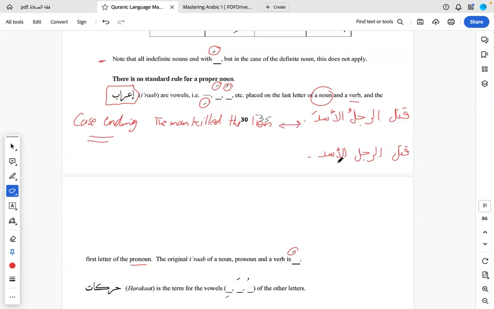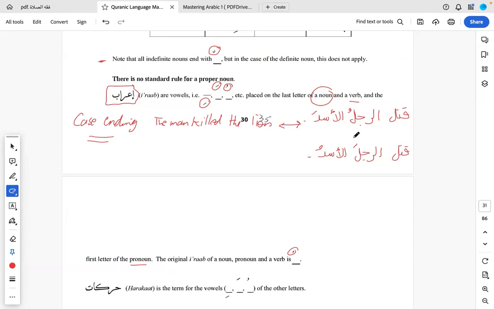But if I keep the same order here, but change the حركة, and I put the فتحة at the end of the رجل and move the ضمة to the end of the أسد, now the meaning here is completely different despite the fact that the order is the same. So قتل الرجل الأسد. أسد ending with a ضمة, regardless of its order, means that it's the doer of the action.